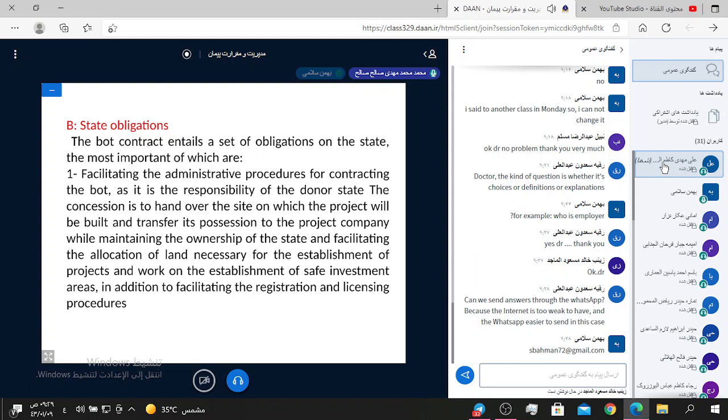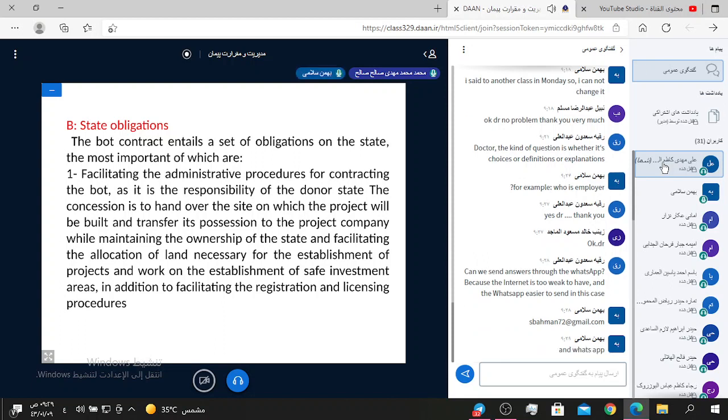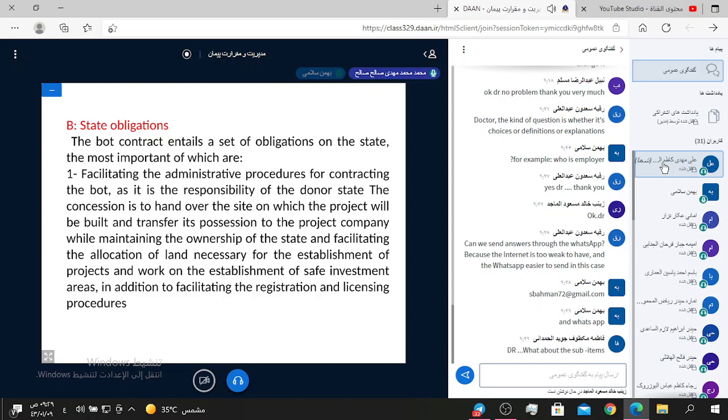The concession is to hand over the site on which the project will be built and transfer its possession to the project company, while maintaining the ownership of the state, and facilitating the allocation of land necessary for the establishment of projects and working on the establishment of state investment areas.